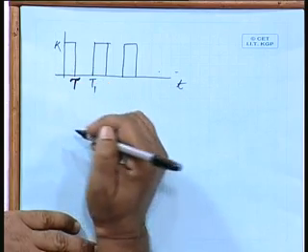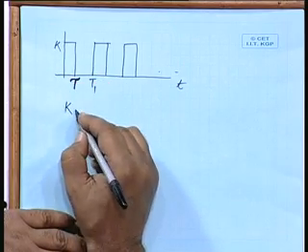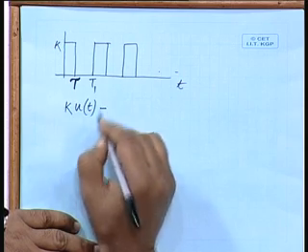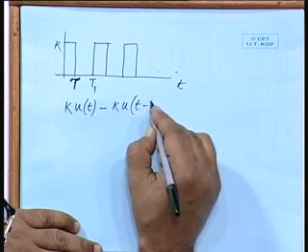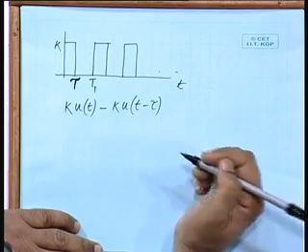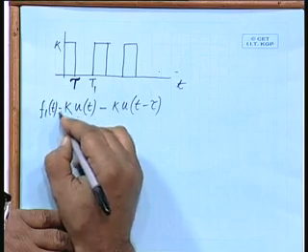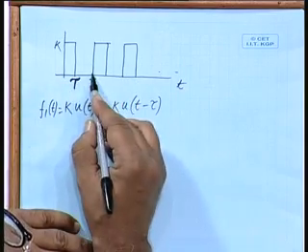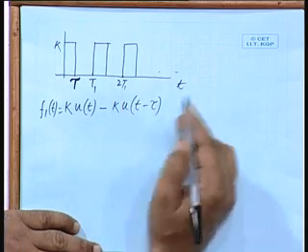For the first pulse, what is the expression? K u t minus k u t minus tau. If I call it f1 t, this is the first one. The same thing repeats after t1, t2, t2 is 2 t1 and so on.